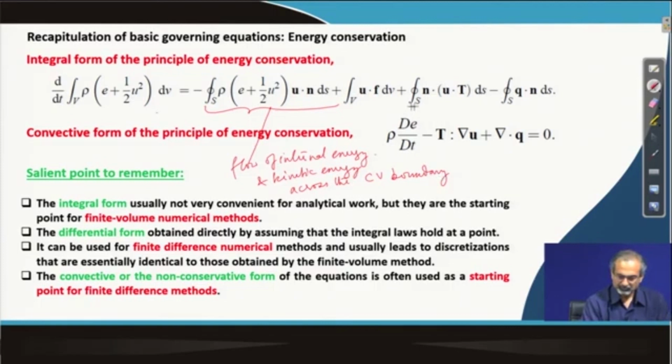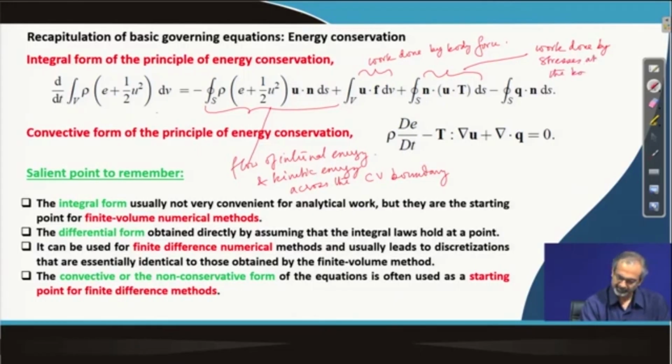Then comes the body force which does work. So, we can write it as work done by body force, and the subsequent term is the surface stress term. So, work done by stresses at the boundary.